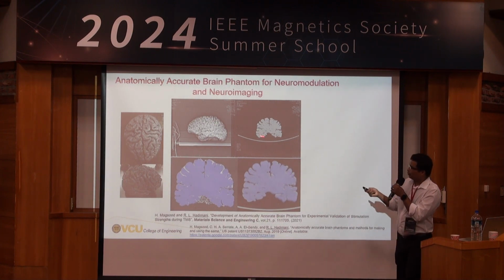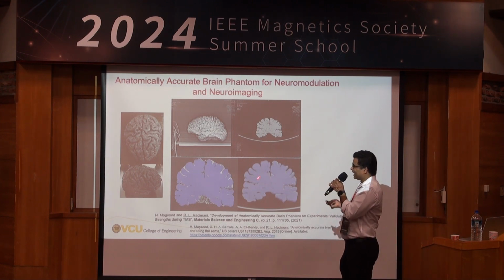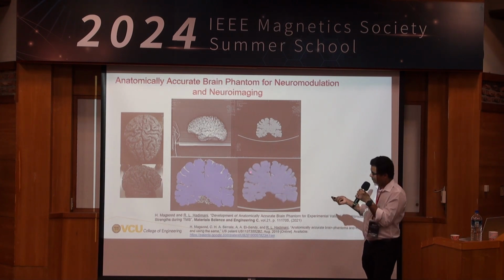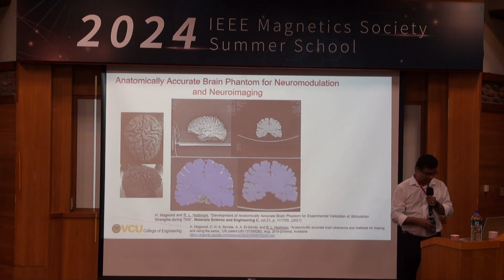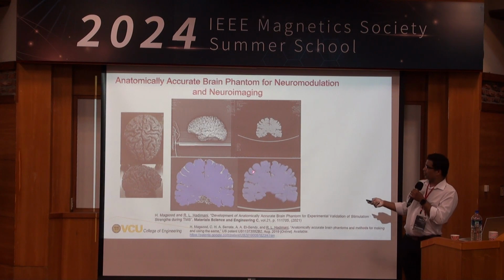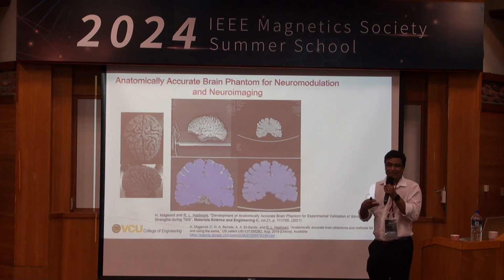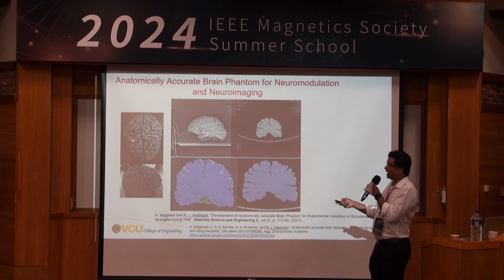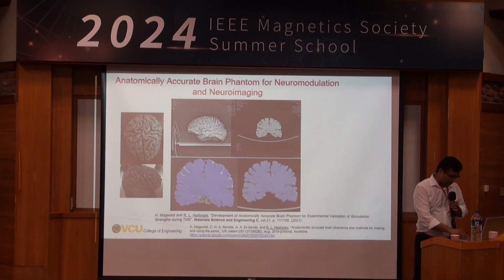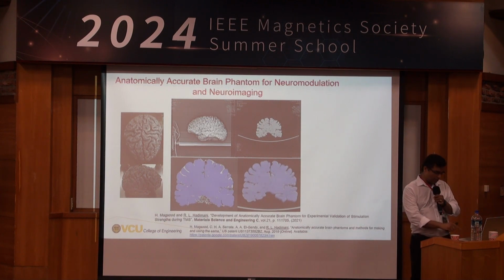And then after we fabricated the phantom, we had to test whether it is anatomically accurate or not. We can't take the MRI image of the same phantom because it doesn't have water molecules. So we had to take a CT scan of the phantom and match that with the original MRI.